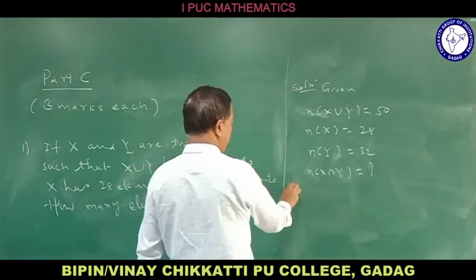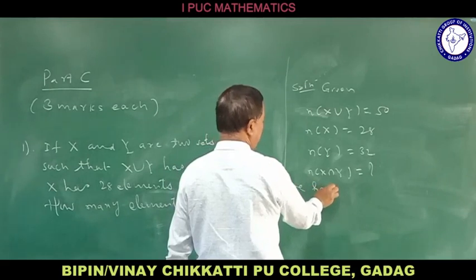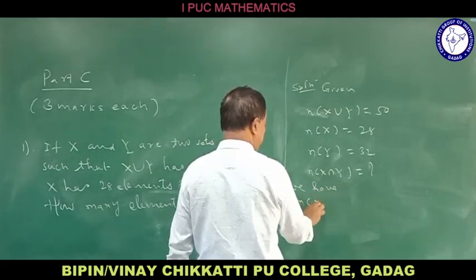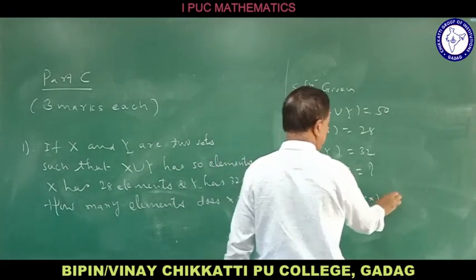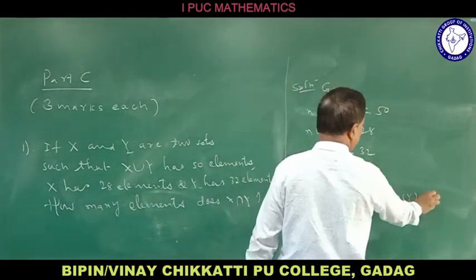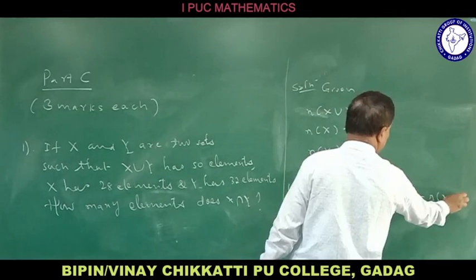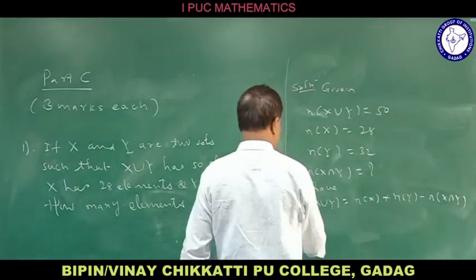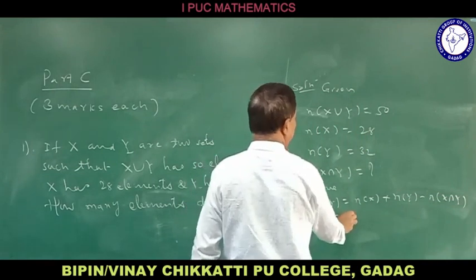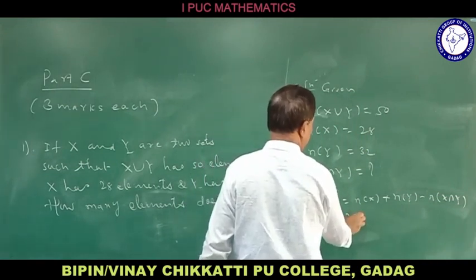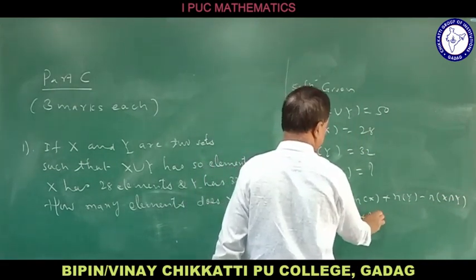One formula we have, an important common formula that you know: n of x union y is equal to n of x plus n of y minus n of x intersection y. Here n of x union y is 50, n of x is 28, n of y is 32.